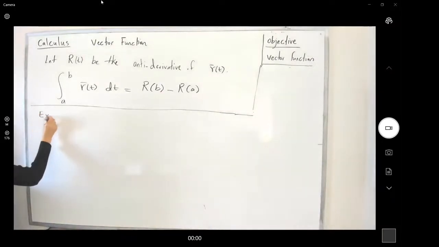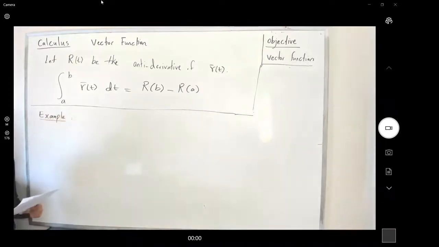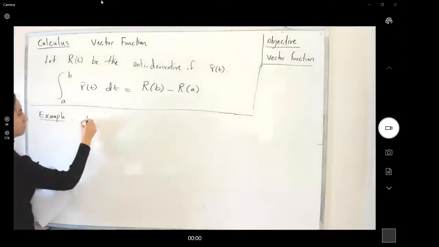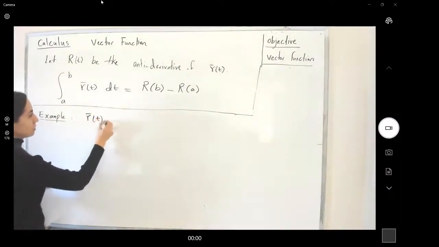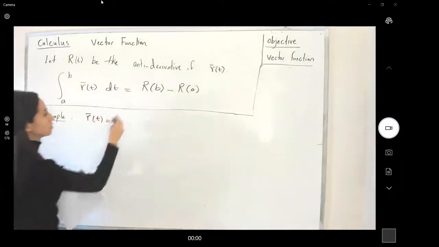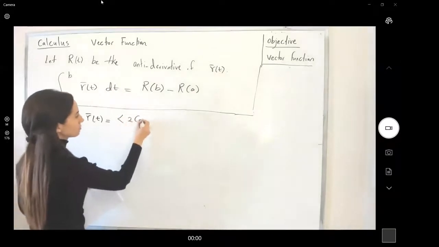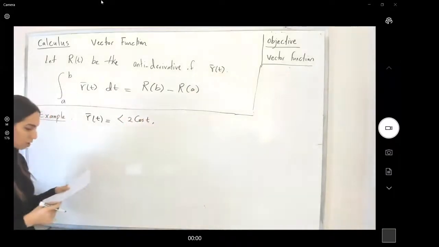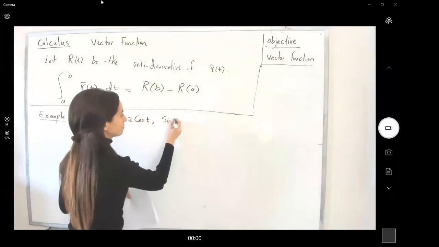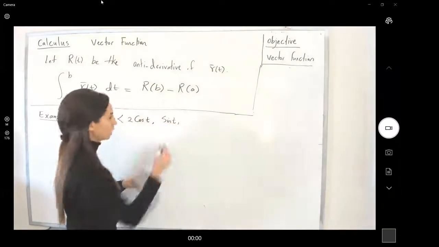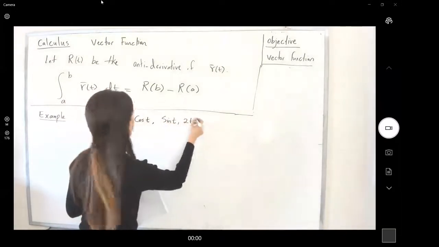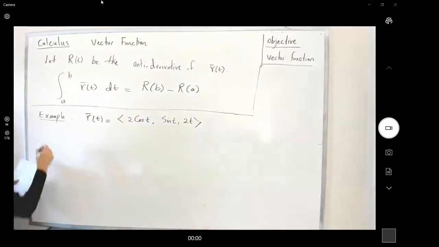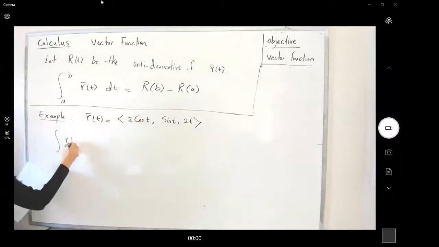For example, let r of t be equal to (2 cosine t, sine t, 2t). The question says, find the integral of r of t.